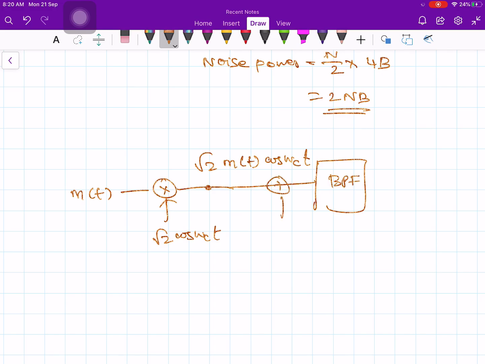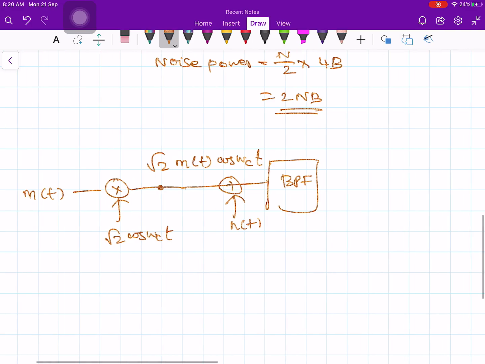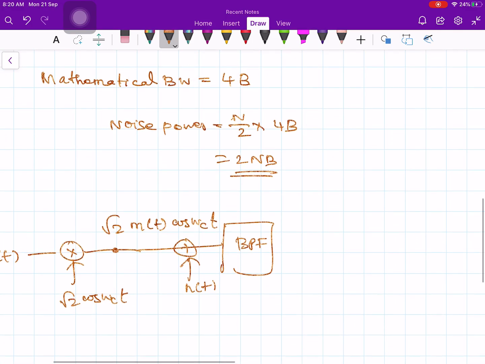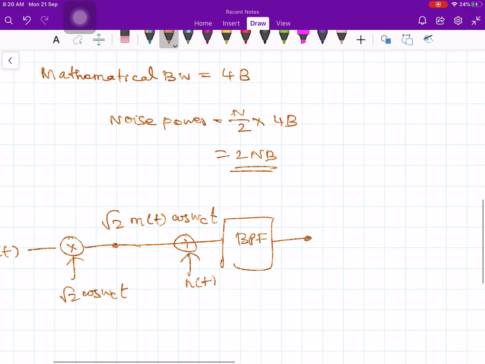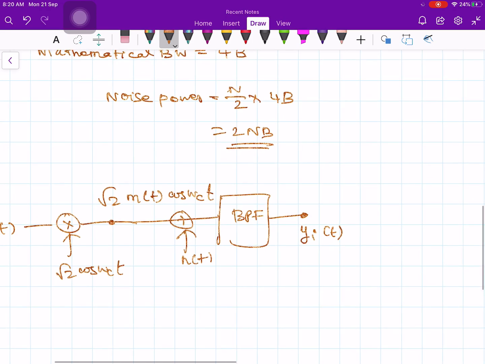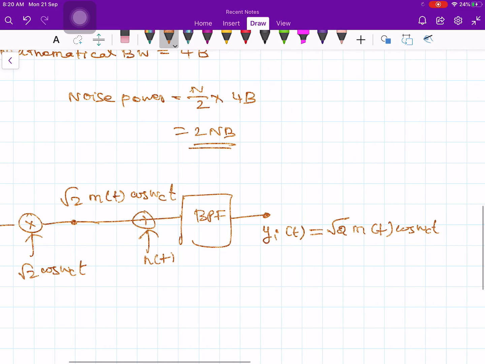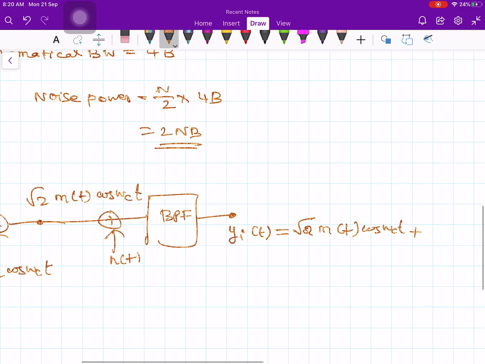At this point we would like to find out what is yi of t. So, your yi of t is root 2 times m of t cos omega ct plus, let us say, the input noise ni of t.